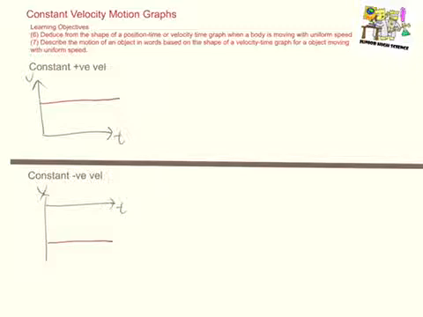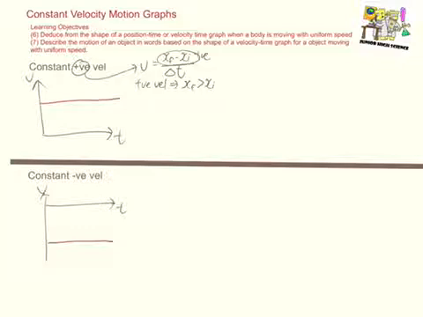Now, looking at the positive velocity, we obtain velocity from the final position minus the initial position divided by the time interval. To get a positive velocity means that our final position is more than the initial position. That's how we can get a positive numerator.